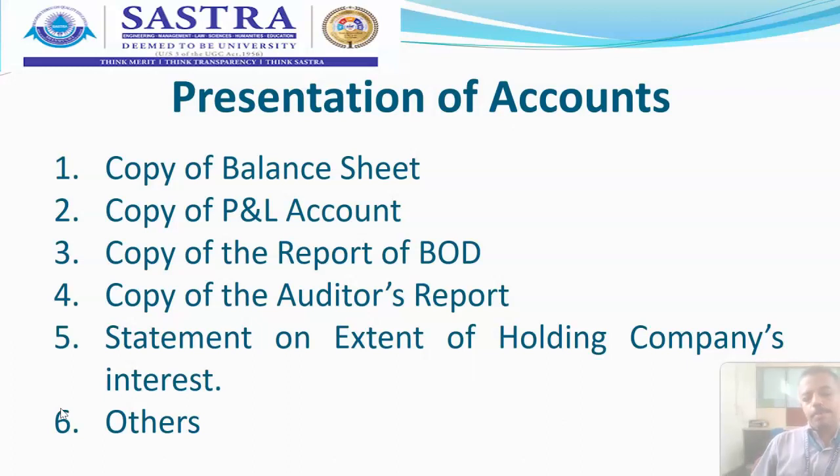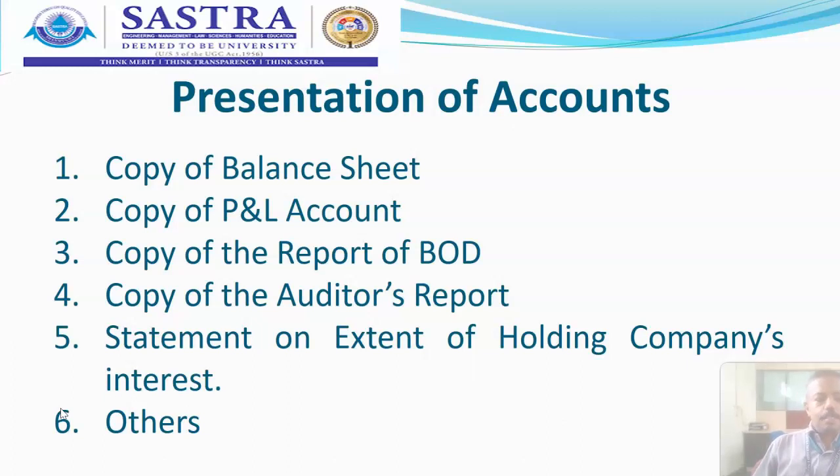A copy of the report of the board of directors of the subsidiaries also needs to be attached. And last but not least, most importantly, a copy of the auditor's report of the subsidiary companies needs to be attached.